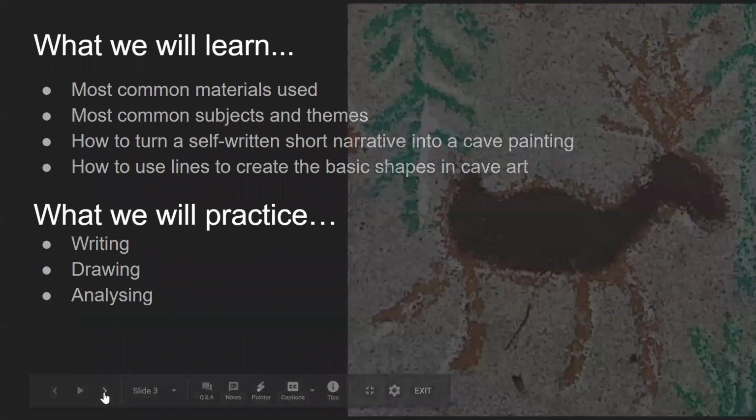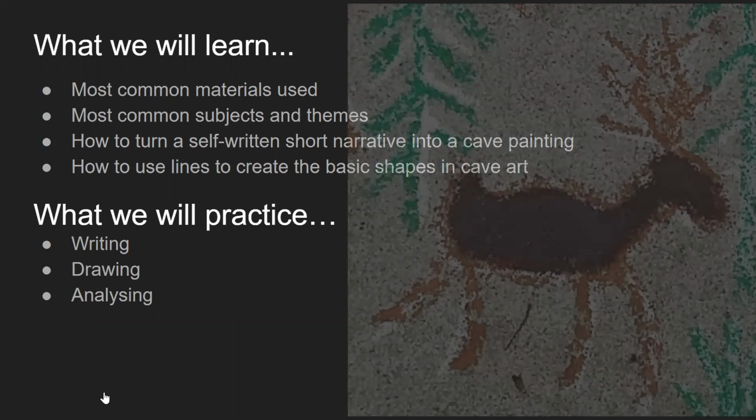And today what we're going to learn is what were the most common materials used by the majority of those who did the cave paintings, and some of the most common themes and subjects that you'll see in most every cave painting type, and then how to turn your own self-written narrative about something you did into a cave painting.